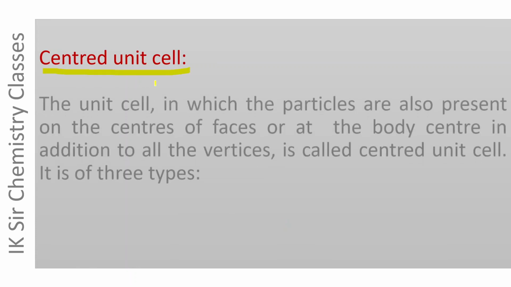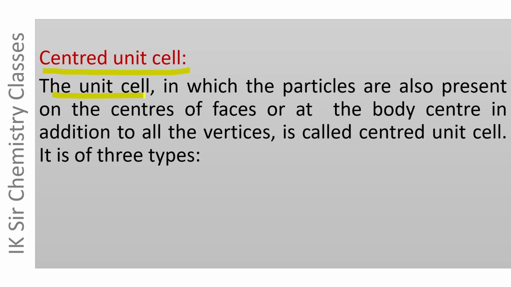The next type of unit cell is centered unit cell. The unit cell in which the particles are also present on the centers of faces or at the body center in addition to the vertices is called centered unit cell.